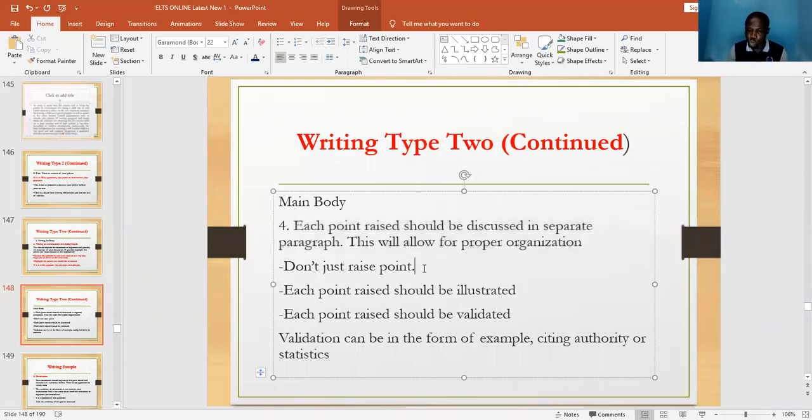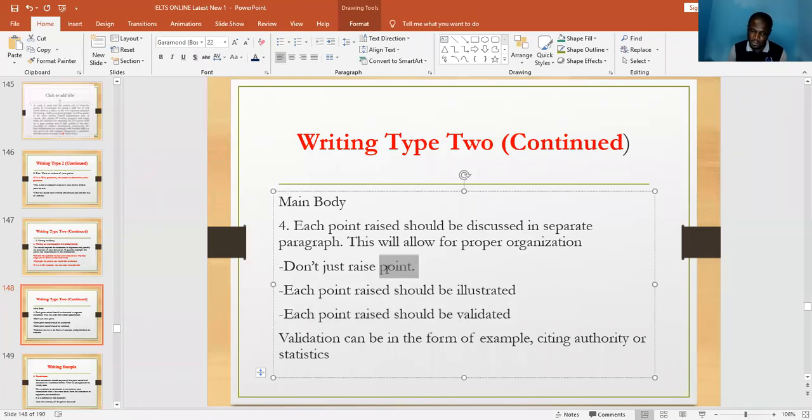And I said, don't just raise the point. Introduce the main idea. Then the next thing is you need to illustrate every point. Don't just introduce the idea, illustrate every point. And again, you need to possibly validate: give example, give situation, validate. So those are the 3 key components.